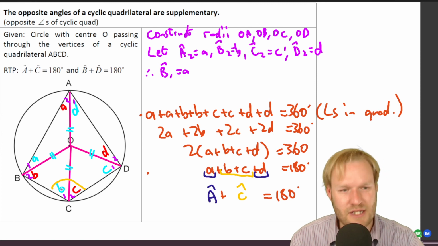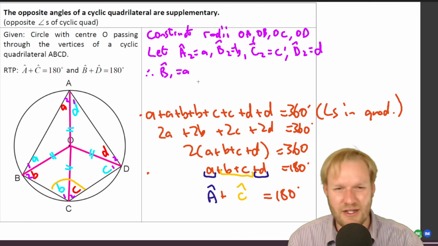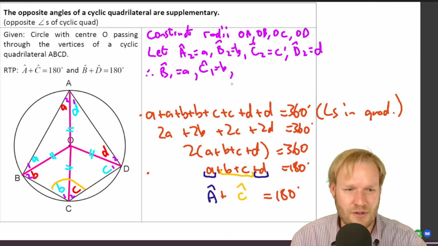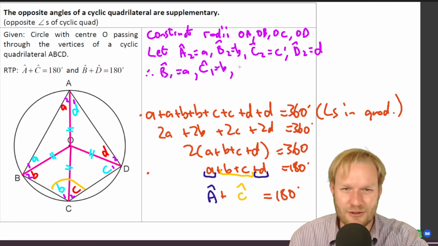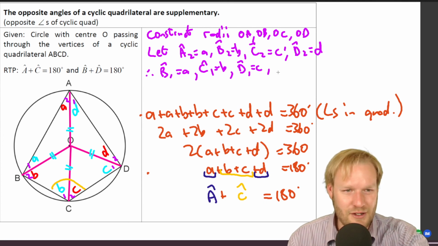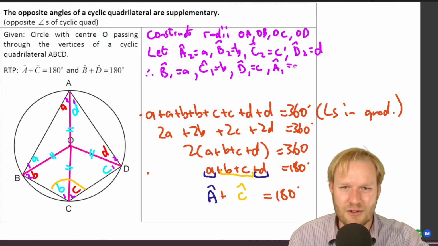C1 equals B, D1 equals C, and then A1 equals D. I mean, those should each be their own, but let's just do this.